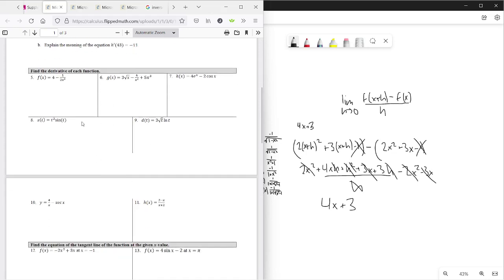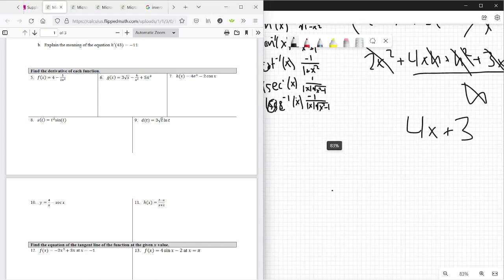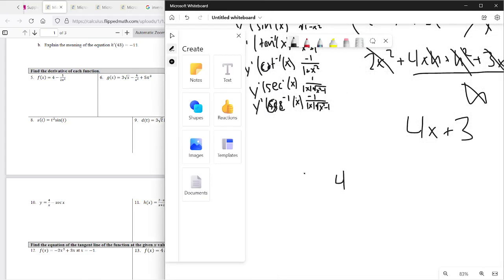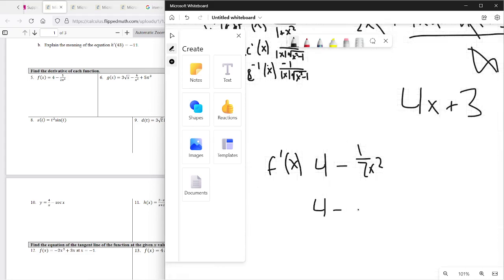Okay, so let's move on to this section. We don't have to do all these, but we can do a couple of them. So let's start with this first one, number 4. We want to find the derivative of 4 minus 1 over 2x squared. When you see something with an exponent in the denominator of a fraction, you know that exponent is going to be negative.